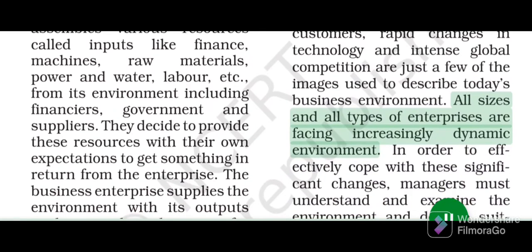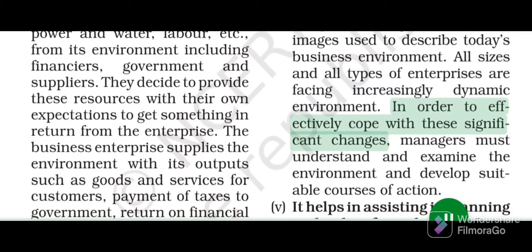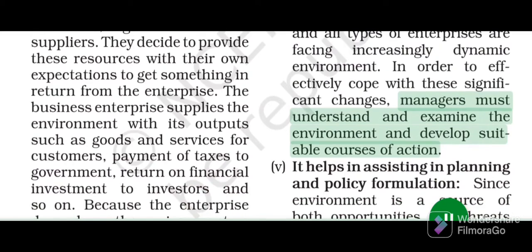All sizes and all types of enterprises are facing increasingly dynamic environment. In order to effectively cope with these significant changes, managers must understand and examine the environment and develop suitable courses of action.